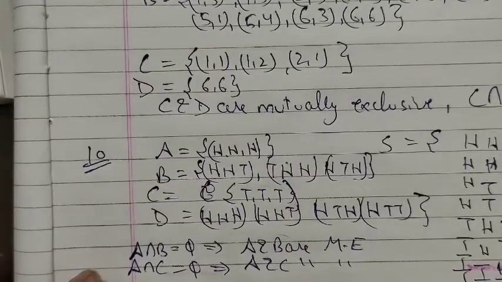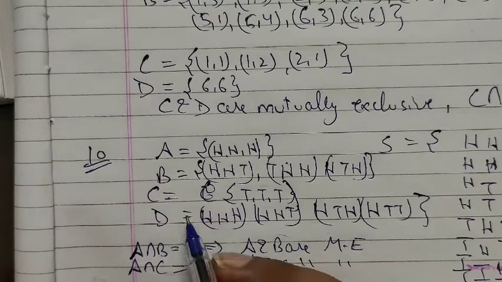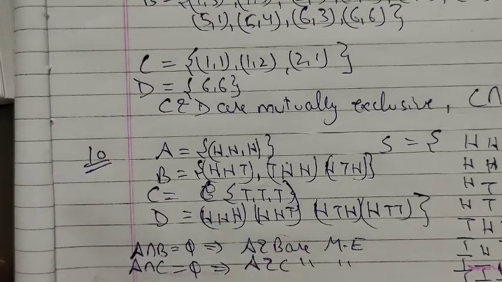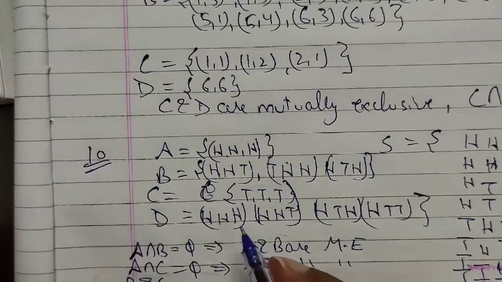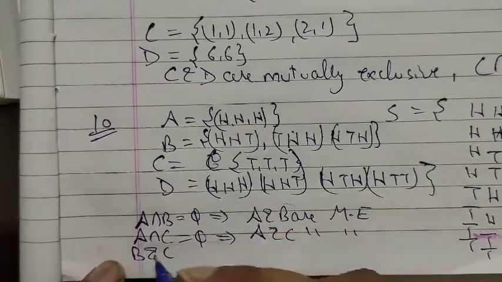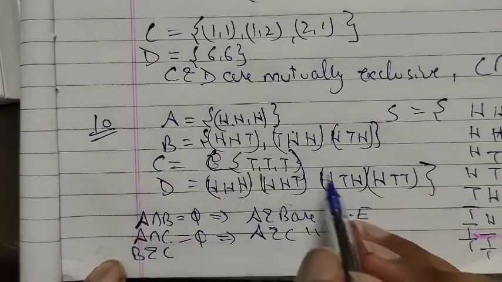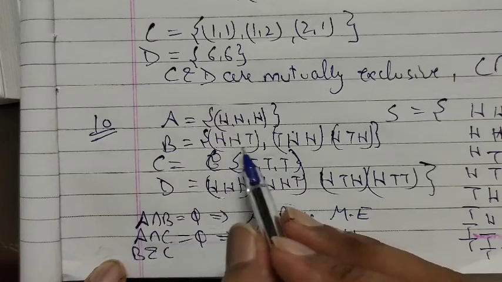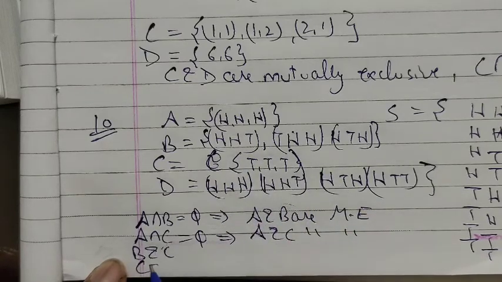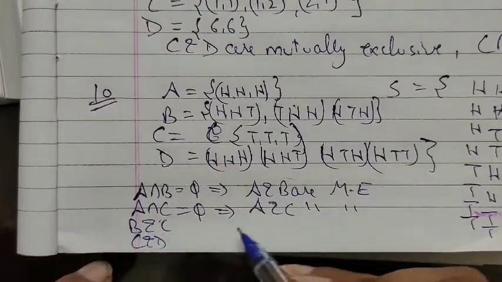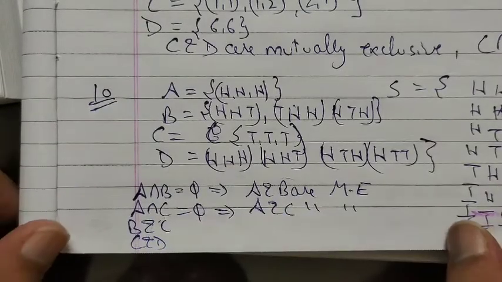A with D is not possible. B and C are also mutually exclusive. C and D are also mutually exclusive. So these are the pairs: A and B, A and C, B and C, and C and D are mutually exclusive events. Next, 11th question.